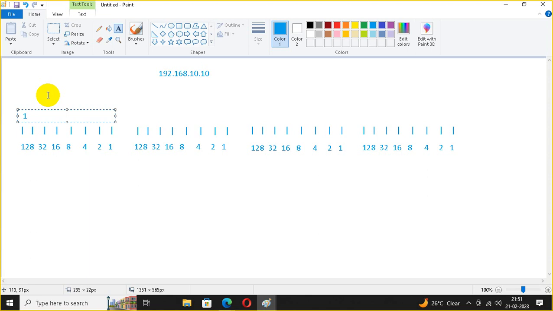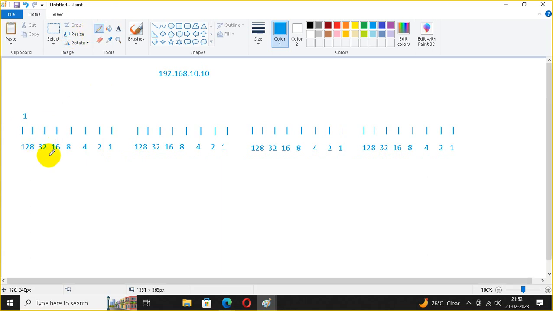How do you create 192 from this table? I'm just asking, just use your brain. It's a childish question.